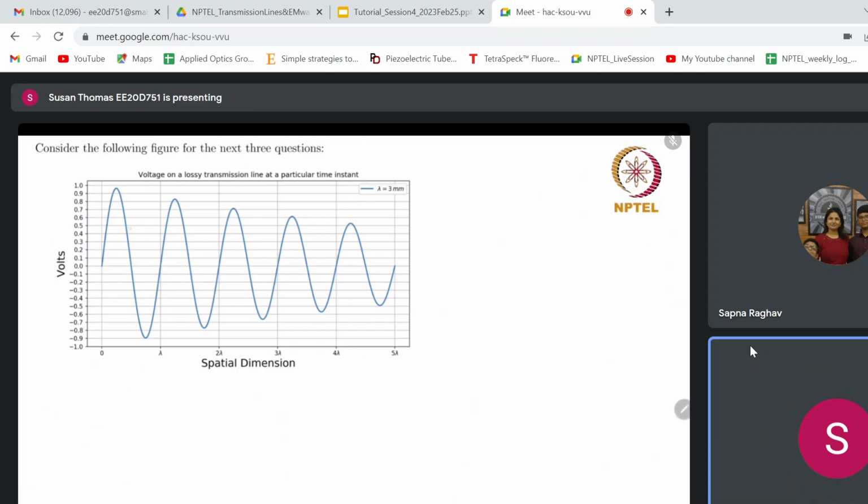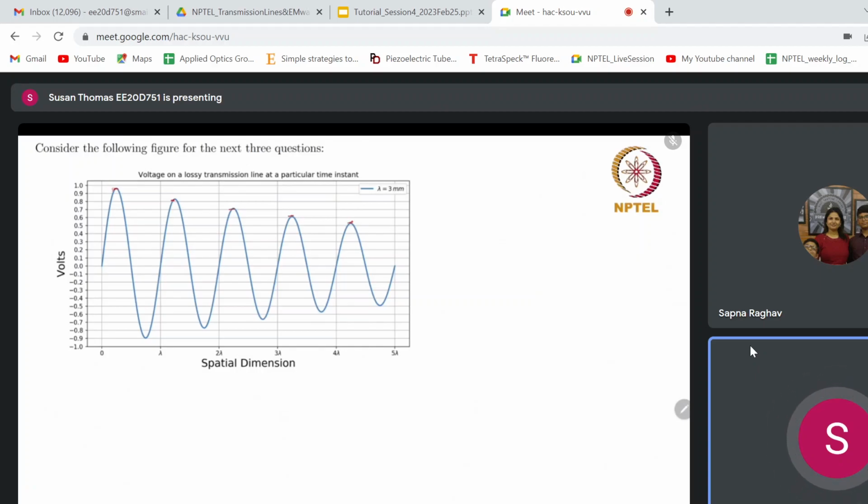This is a waveform of voltage on a lossy transmission line. When I say lossy transmission line, the wave amplitude is reducing, as you can see. The amplitude of the wave in each cycle keeps on reducing.